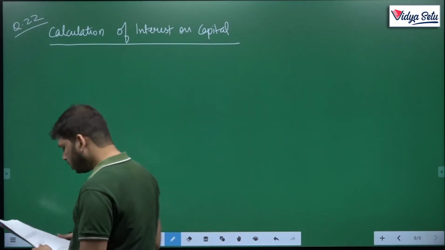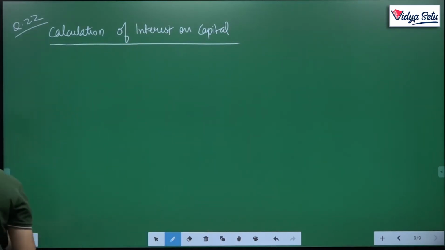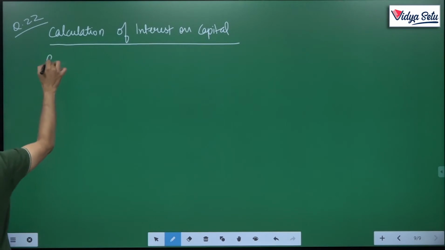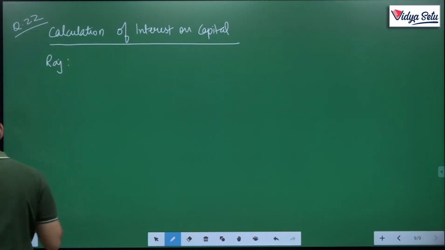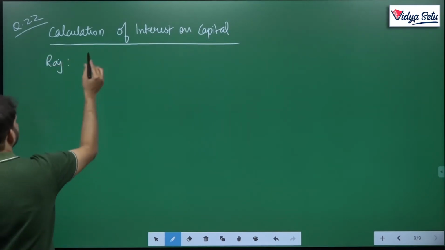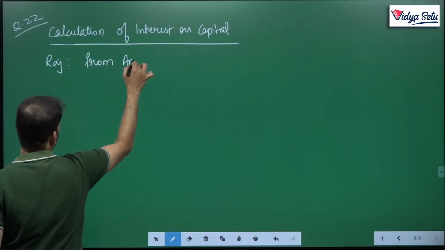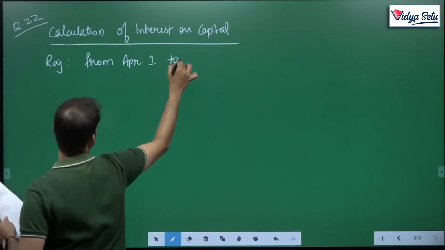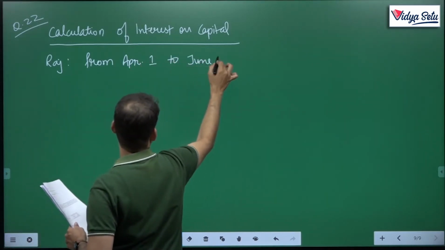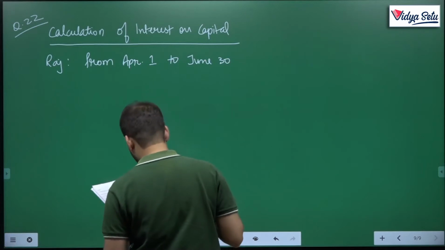Calculation of interest on capital. The first partner was Raj. From April 1 to June 30th, how many months? 3 months.